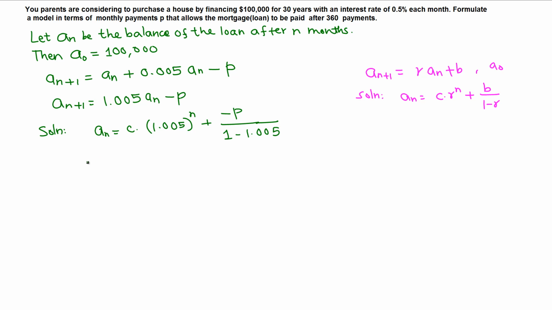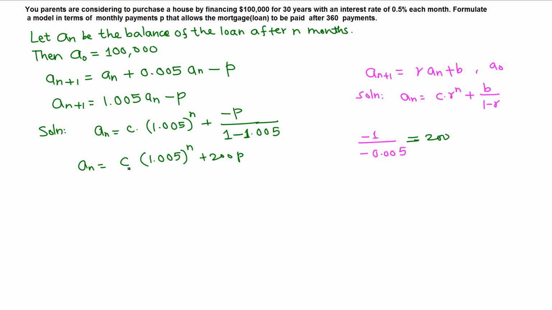Let's simplify. So A_n equals C times 1.005^n, and 1 minus 1.005 is just negative 0.005, and negative 1 divided by this number. Okay, just divide by a negative number. So that's negative 1 divided by negative 0.005. Using a calculator you get 200. So this is plus 200P.